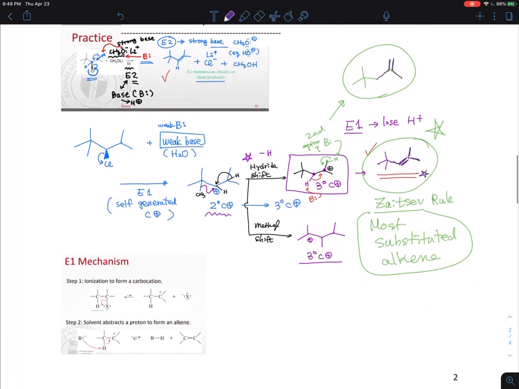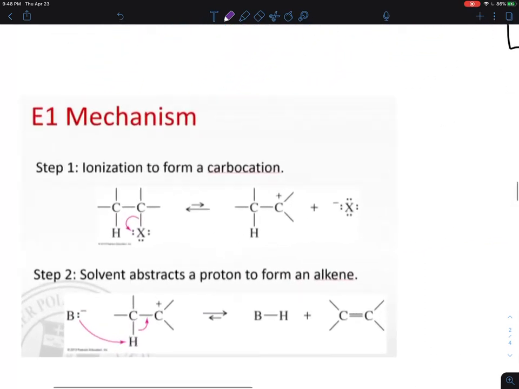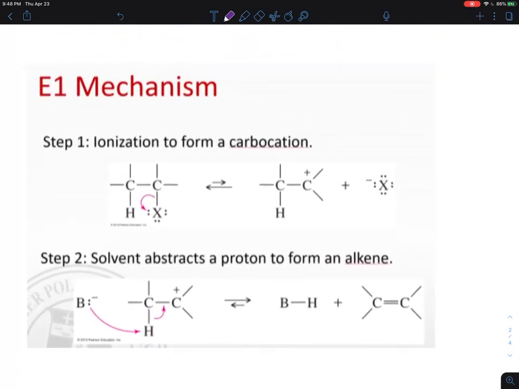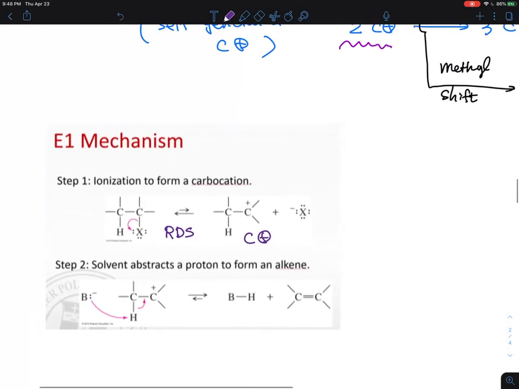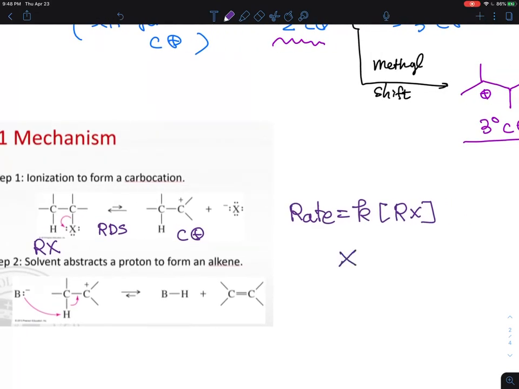Okay, so for the E1 mechanism, I was also able to find this from Dr. Ma's slide. You take this one, you're losing this, and so you develop this carbocation, and so this is your rate determining step, right? Therefore, your rate here is just K times the alkyl halide. It is not K times alkyl halide and base.